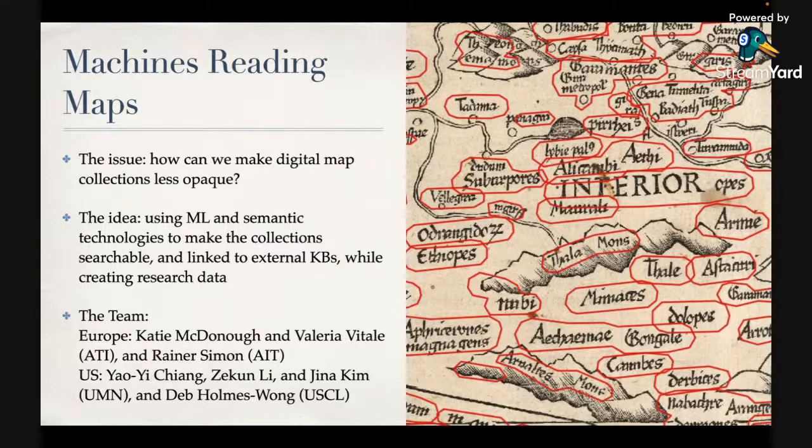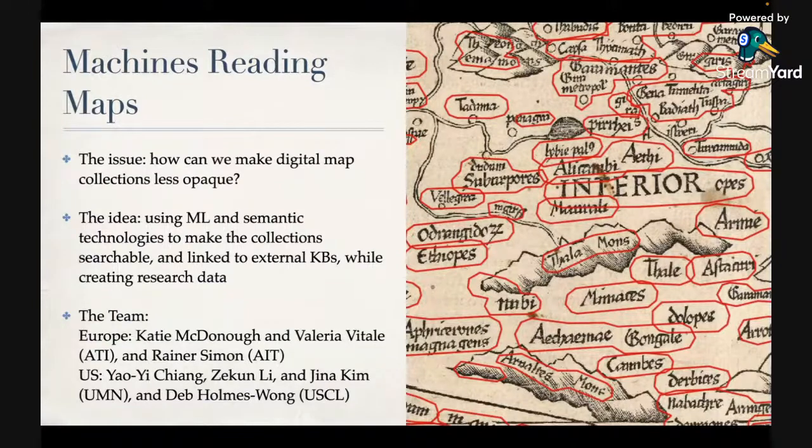So who are the people in this project? On the European side, we have Katie McDonough, who is in the call today and is the PI on the UK side for the project, and myself, and we're based at the Alan Turing Institute. And also playing for Europe, we have Rainer Simon, also in the call, who is the developer of the semantic annotation platform. You may know him as the developer of Recogito, and he is at the Austrian Institute of Technology.